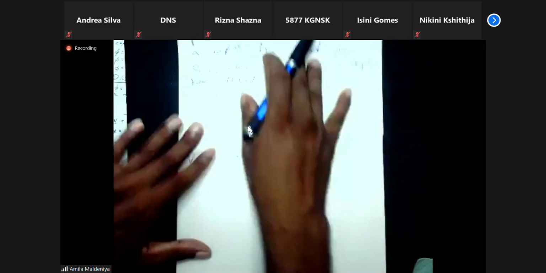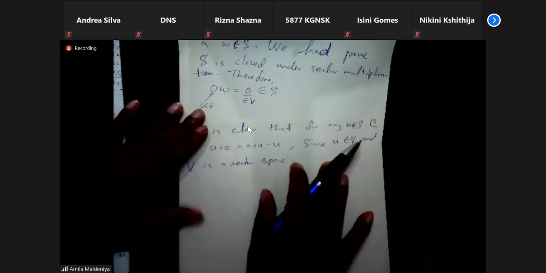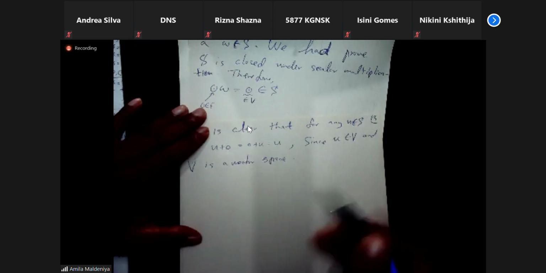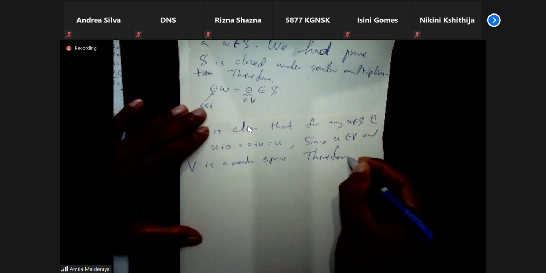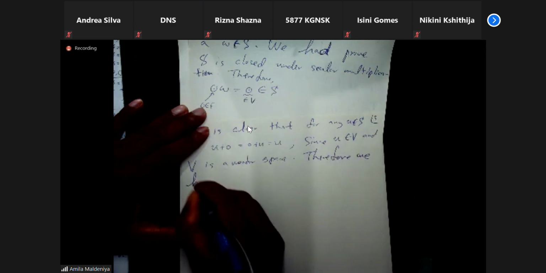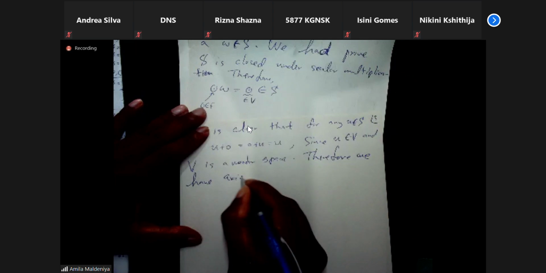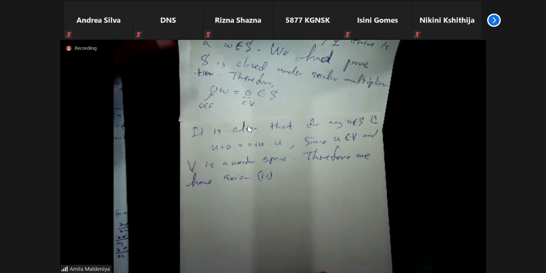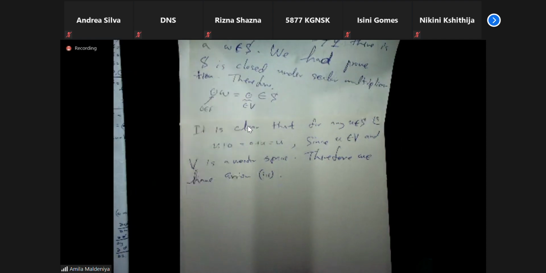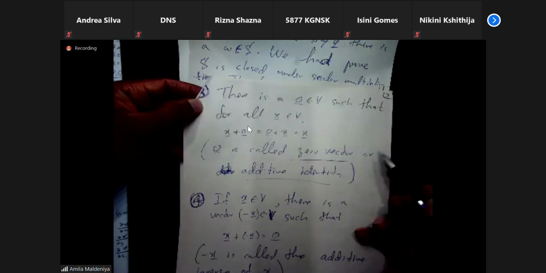So where I stopped, we said V is a vector space, therefore we have axiom 3. Axiom 3 is the zero vector, or additive identity.